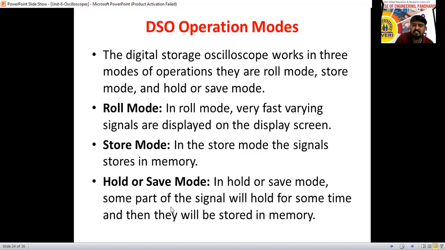In hold or save mode, we can hold the display. I have shown in the practical that by pressing the button it holds and will not move with time, and then after some time it moves with time again. It is just to save the value. These three are there.